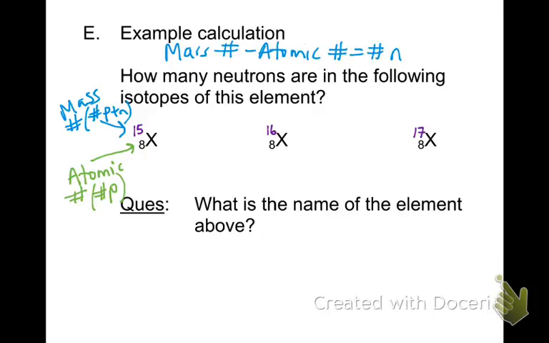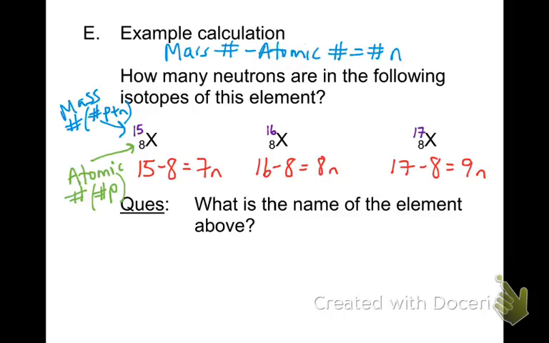So, we've got 15 minus 8, hopefully gives us 7 neutrons. Here we have 16 minus 8, 8 neutrons. And 17 minus 8 gives us 9 neutrons.